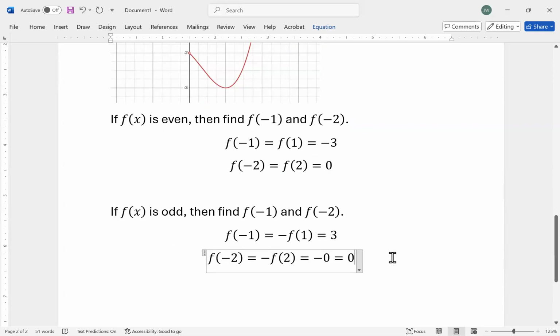In other words, negative 0 is the same thing as positive 0. So there you go. That's how we can use whether a function is even or odd to find other points of interest.